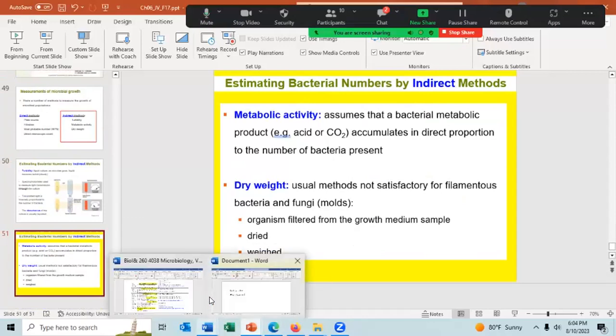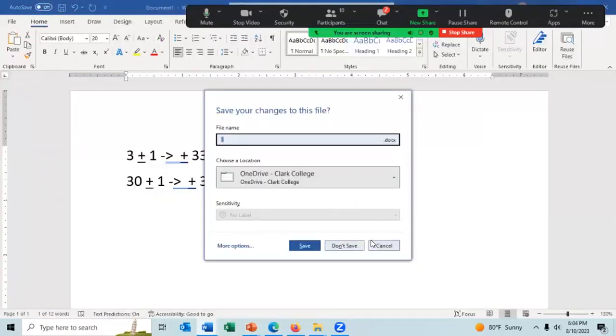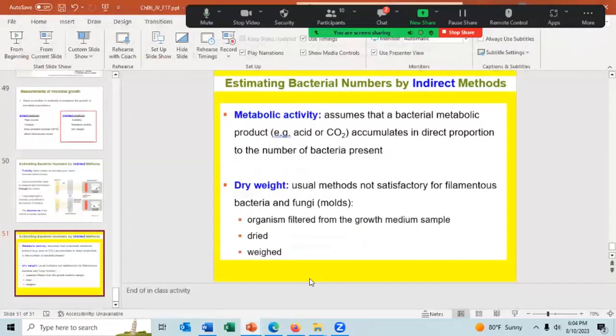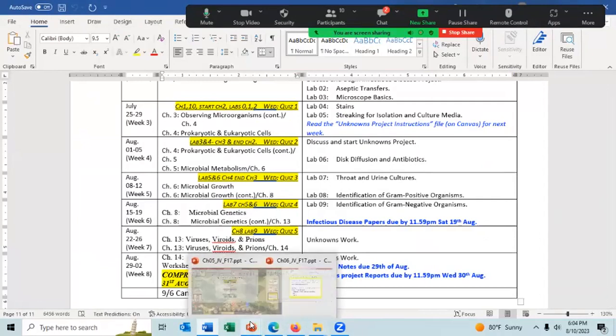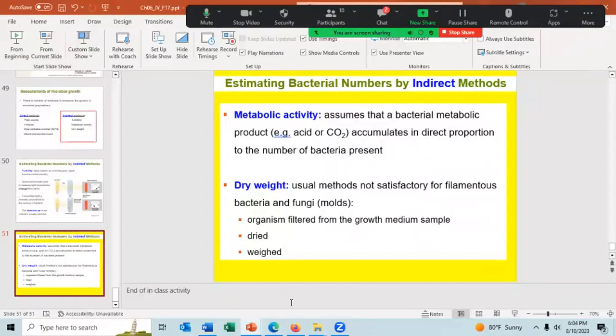If not, that's it for this lesson. Let me see where we are. We're supposed to start chapter 8 today. So if there are no questions, we're done with chapter 6. Let me begin chapter 8.